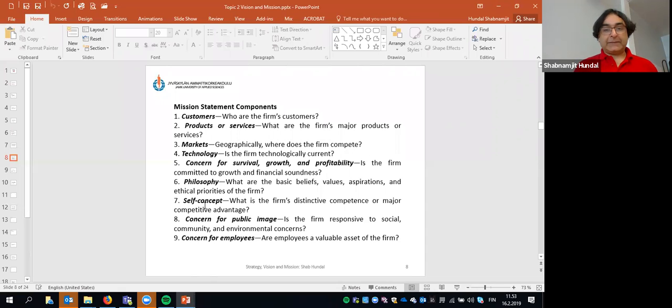Self-concept means what are the key strategic advantages you have? How do you say it, your edge over the others? Why do you think that you are better than others? Concern for the public image. Say something about community.